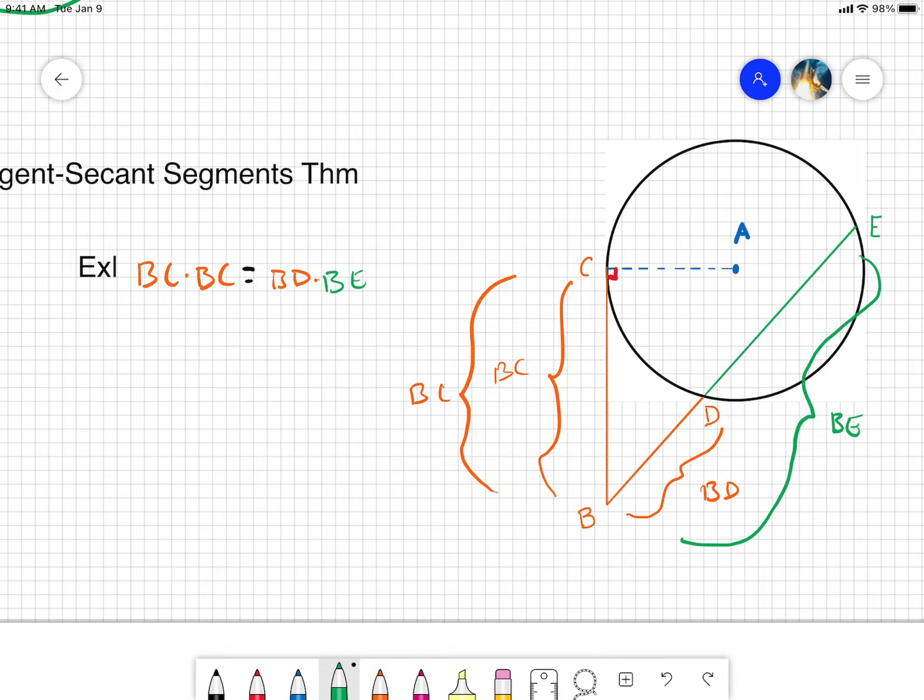And whenever I multiply the same number to itself, that's the same thing as the square, okay? So this is BC squared is going to equal BD times BE. Okay? So in essence, they're the exact same formula. The only difference is looking at this as, okay, BC's outside the circle and it's also the whole part. Okay?